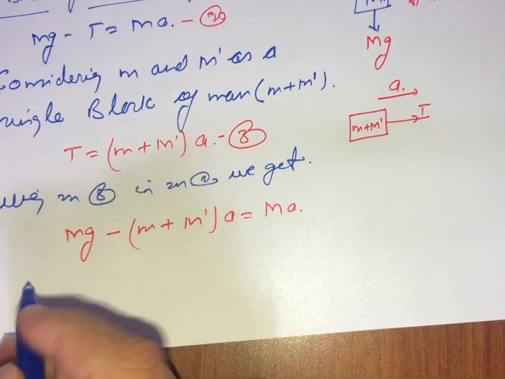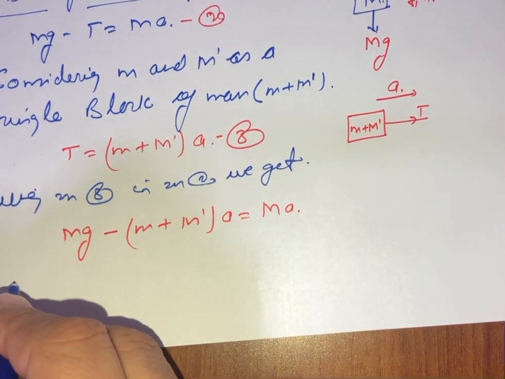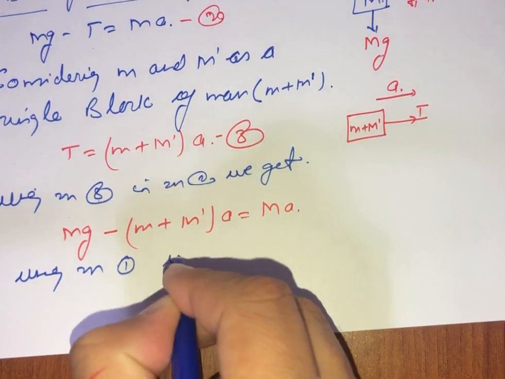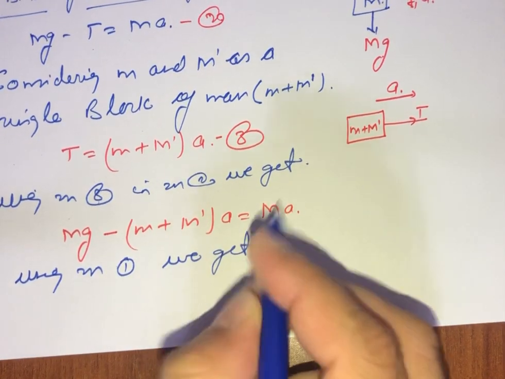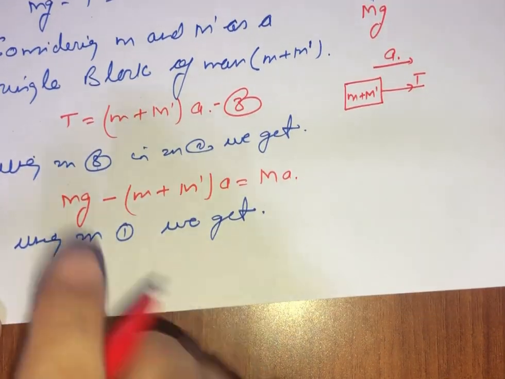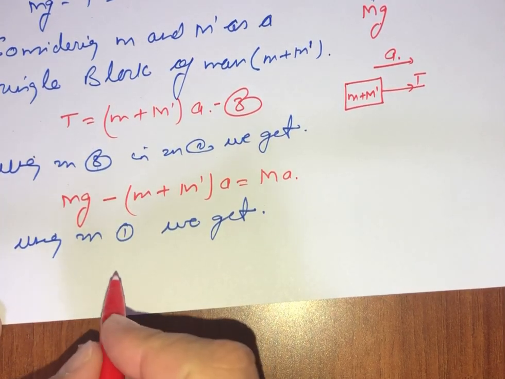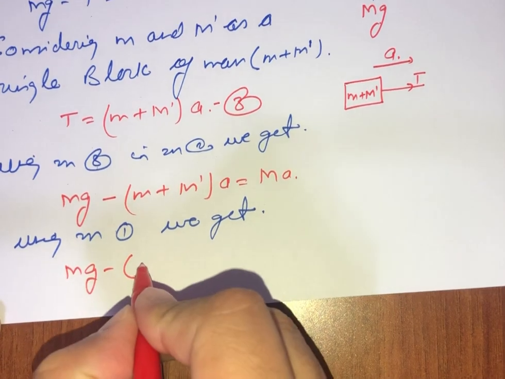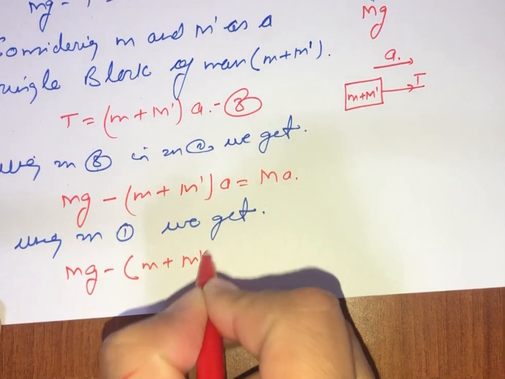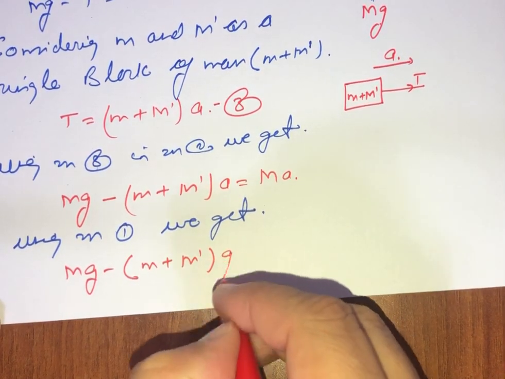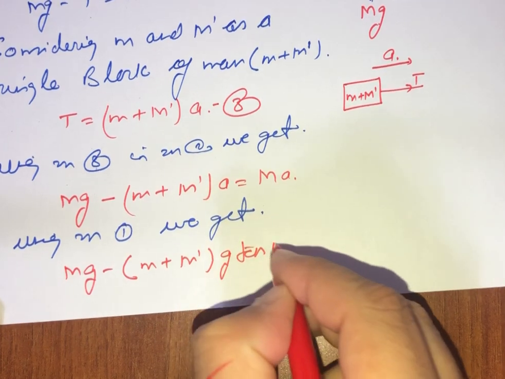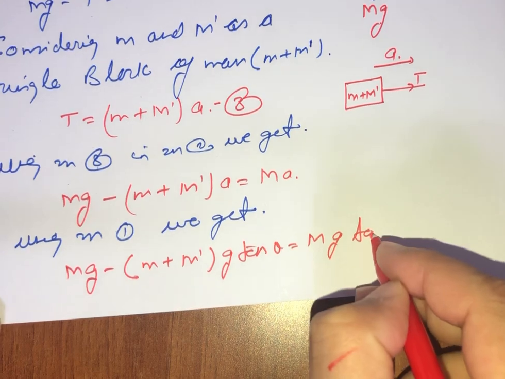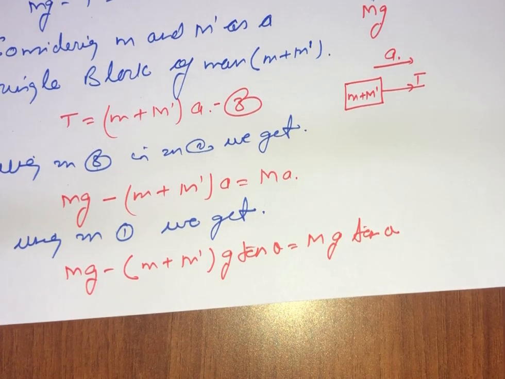So using equation 1, we get Mg minus (m plus M prime) g tan theta is equal to M g tan theta.